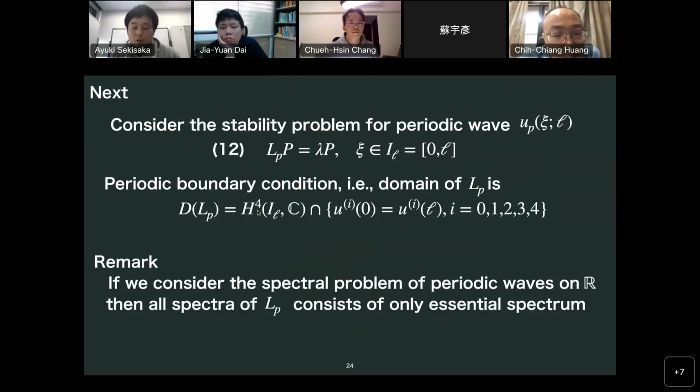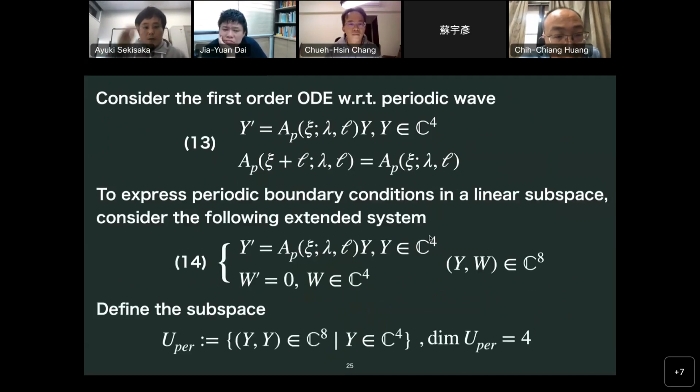However, if we consider the bounded domain 0 to L with a periodic boundary condition, all the spectrum consists of only eigenvalues.